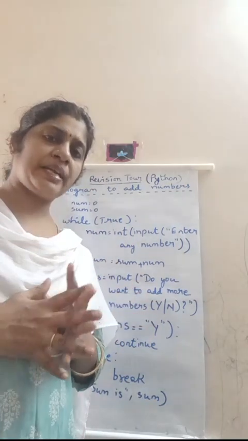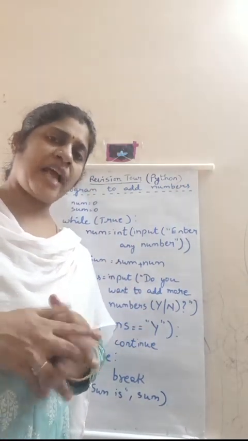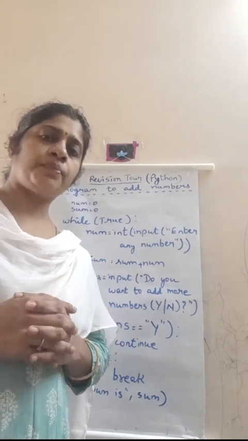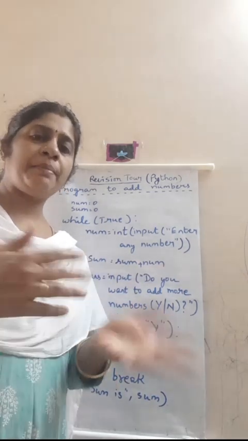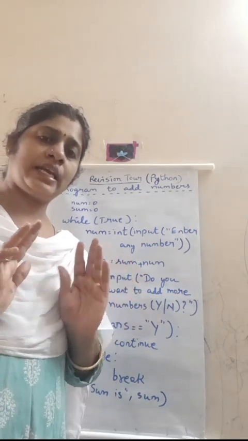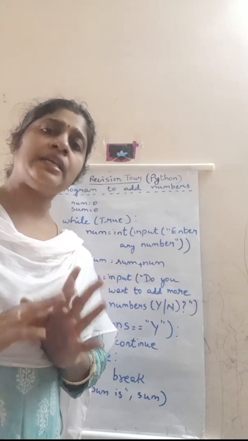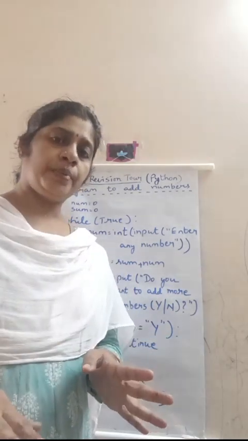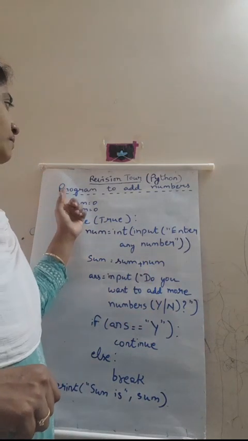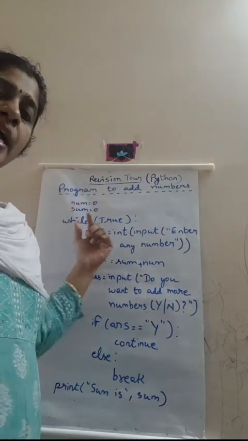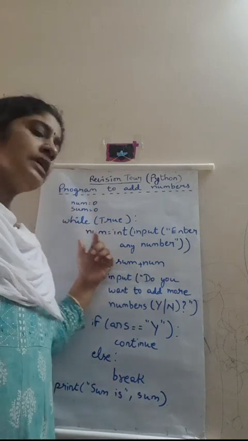I am going to take numbers from the user as long as the user wishes to enter a number, and I am going to keep adding those numbers. When the user says that he wants to stop entering numbers, the control will come out of the loop. So I am defining two variables, number is equal to 0 and sum is equal to 0.